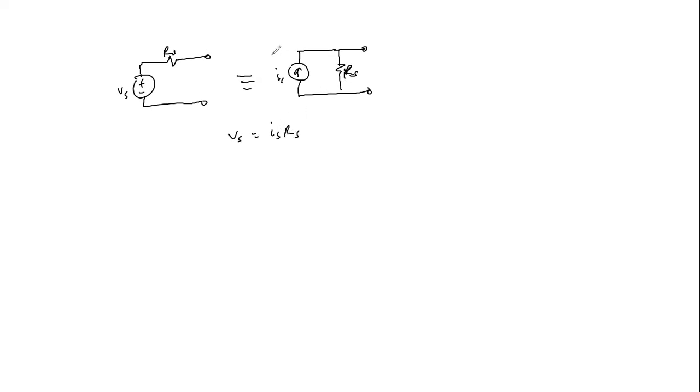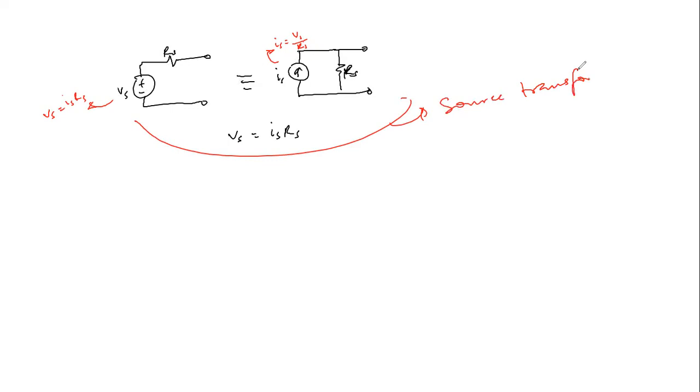So technically, Is will be the same as Vs divided by Rs, where the Rs are the same, and Vs will be the same as Is times Rs. Now this is what we refer to as source transformation.